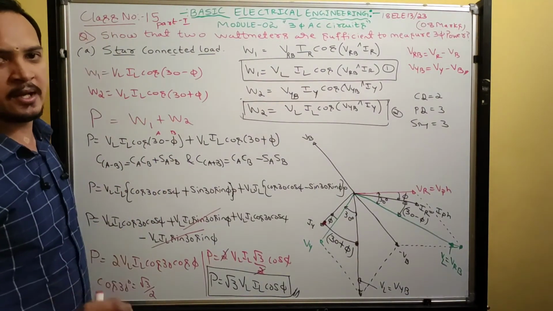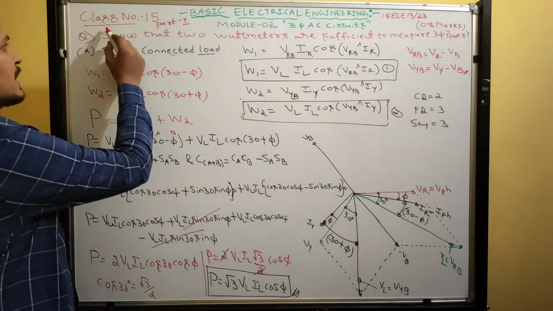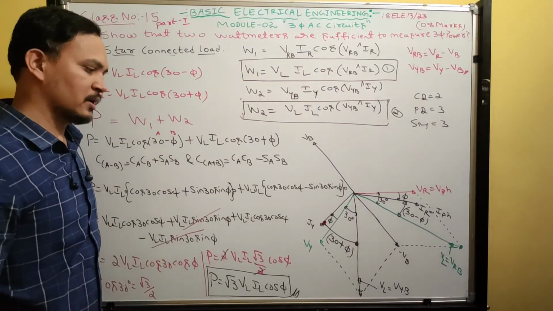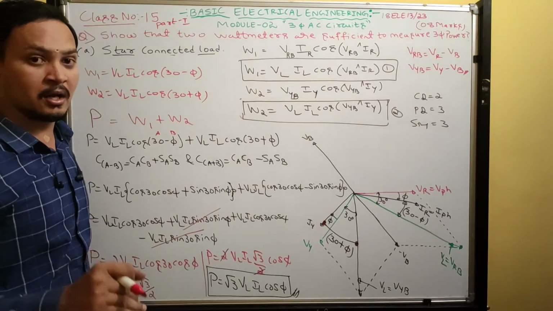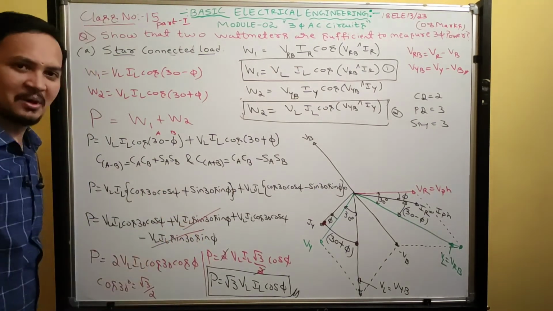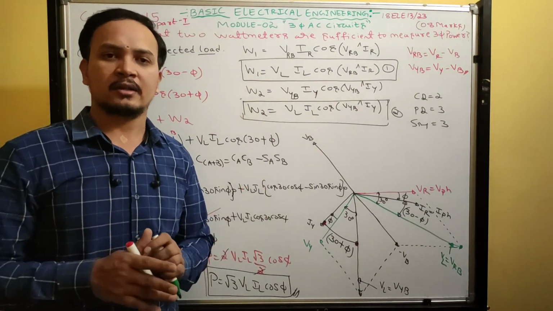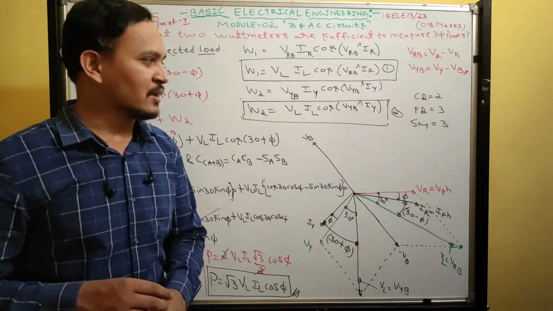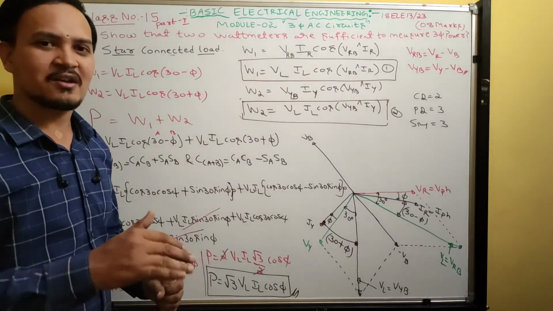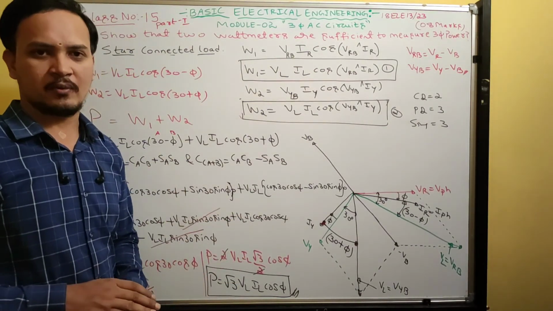In the exam, they can ask anything. Till now, they have not specified the type of connection. Under that condition, you can write star or delta. Once I complete the delta derivation, you will get to know which one is easier, star or delta. The final answer will be the same: root 3 VL IL cos pi.